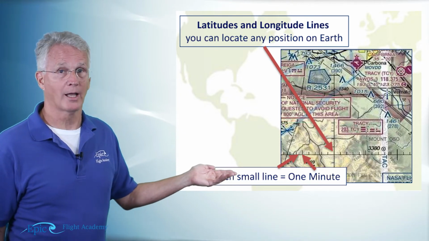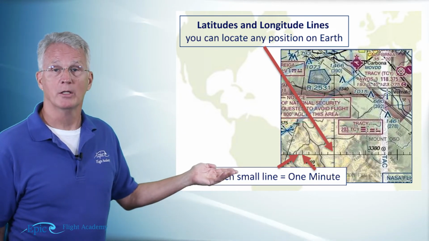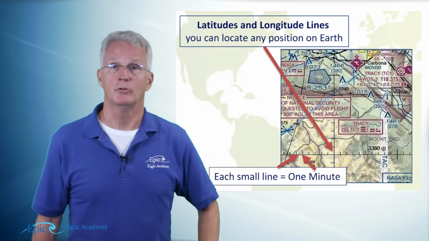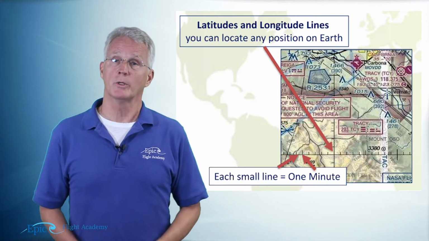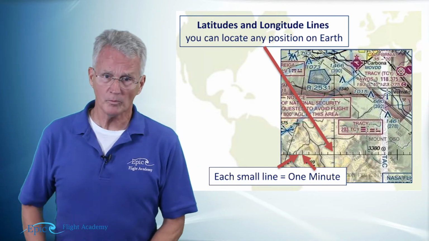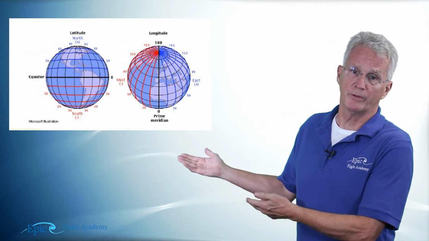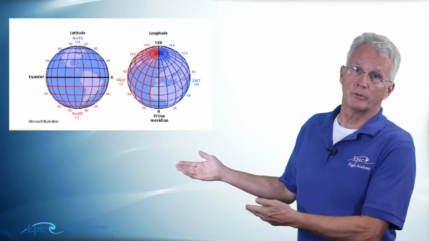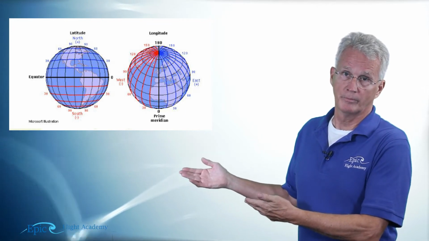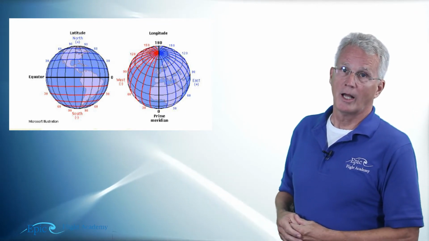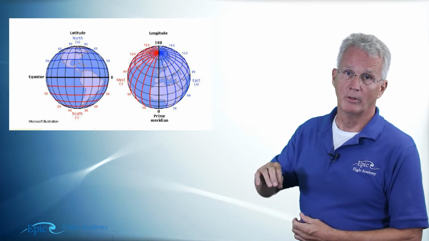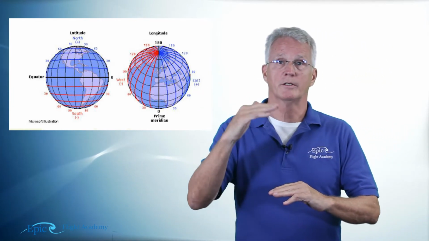Now, we didn't talk a lot about non-directional beacons because the FAA is phasing out their use, but you might still occasionally come across one, so be sure to review that with your flight instructor. The other graphic is just a quick review of lines of longitude and lines of latitude and the hemispheres. Notice lines of longitude from north to south always are equally divided.